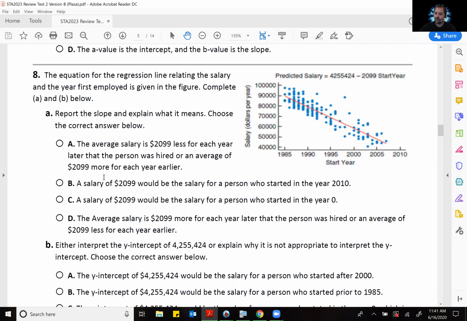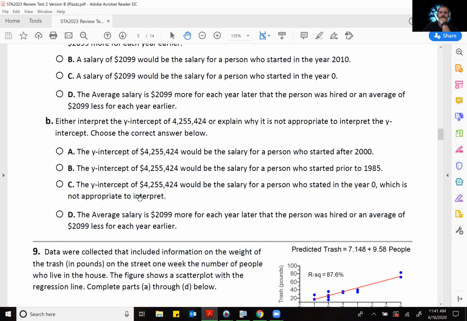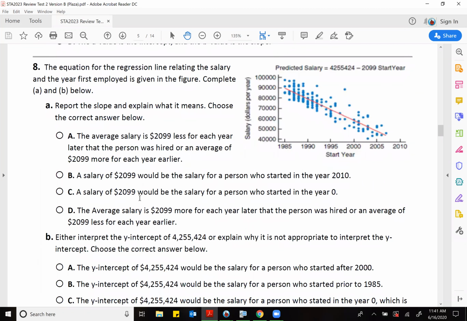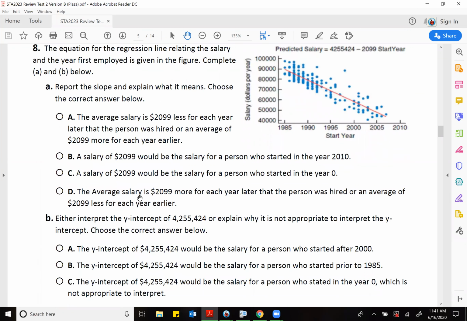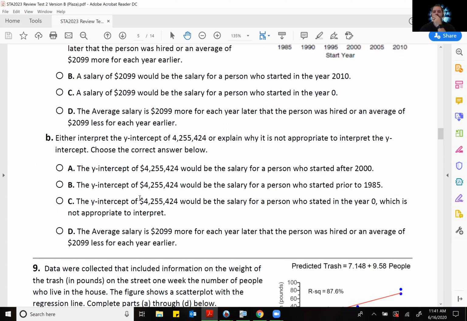Part B, what does the y-intercept mean? And is it appropriate? Because the y-intercept is the one where you have to make sure, is this really appropriate to talk about? It's either C or B, is that right?